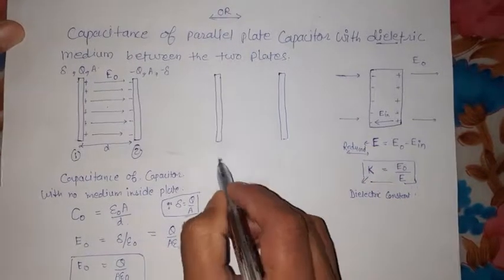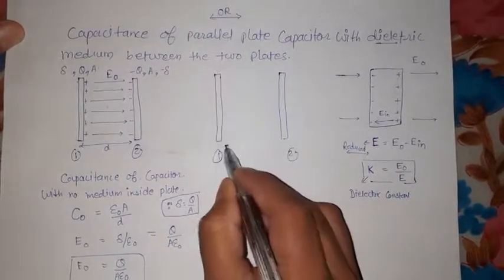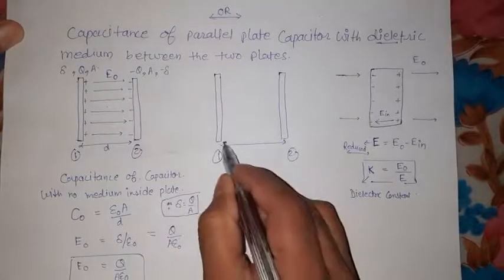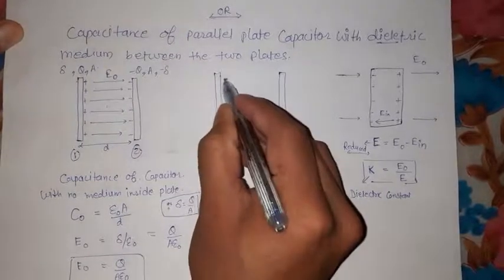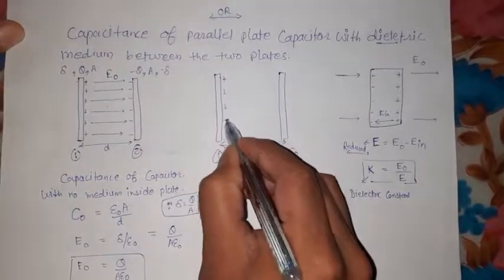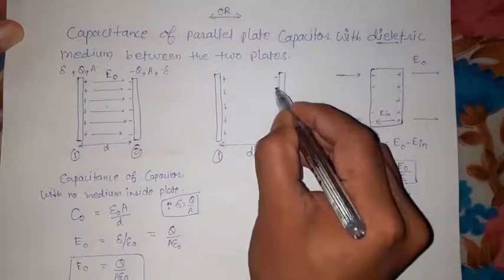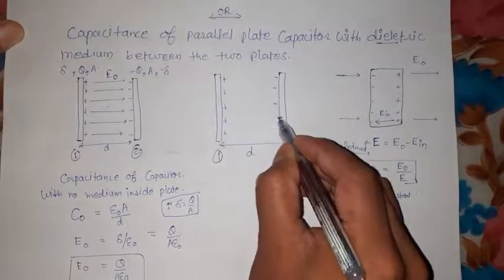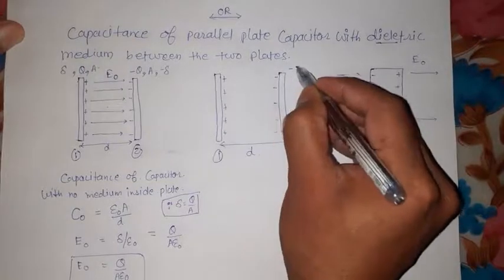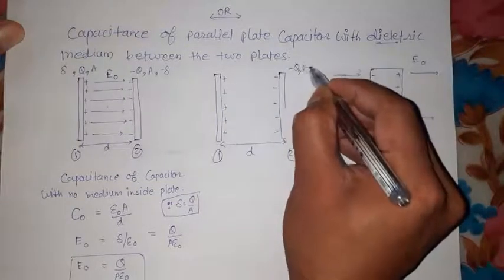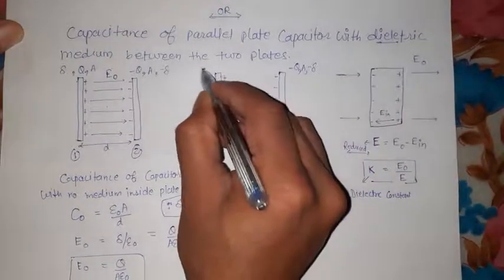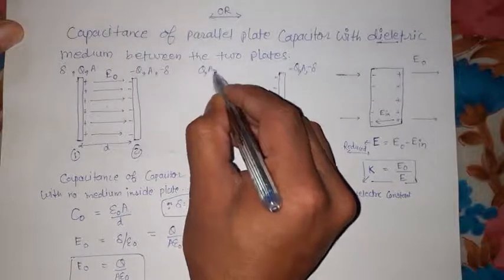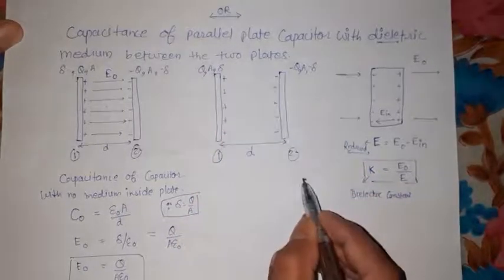One plate is positively charged while the other is negatively charged. The separation between them is d. All things are the same as written previously: plus q charge, area of cross section A, and surface charge density sigma on one plate, and minus q charge and minus sigma on the other.